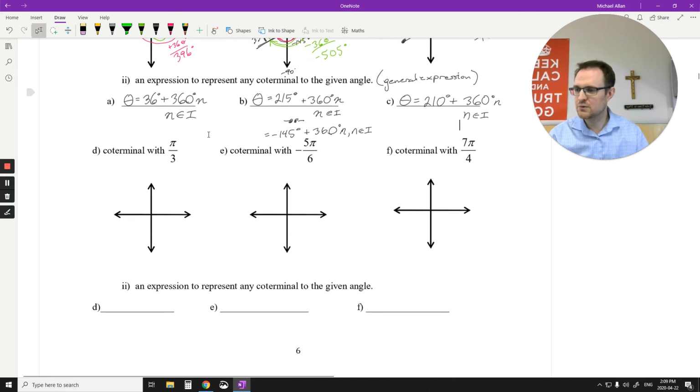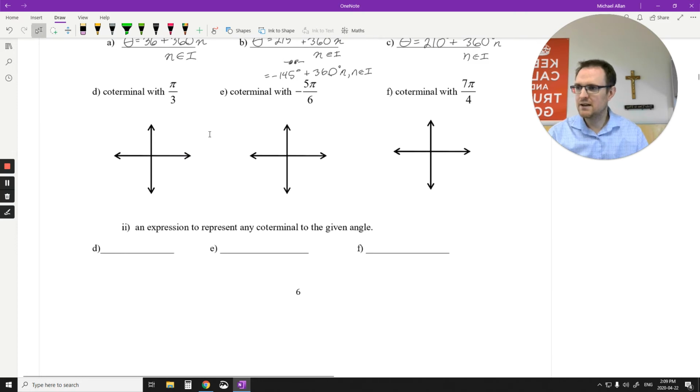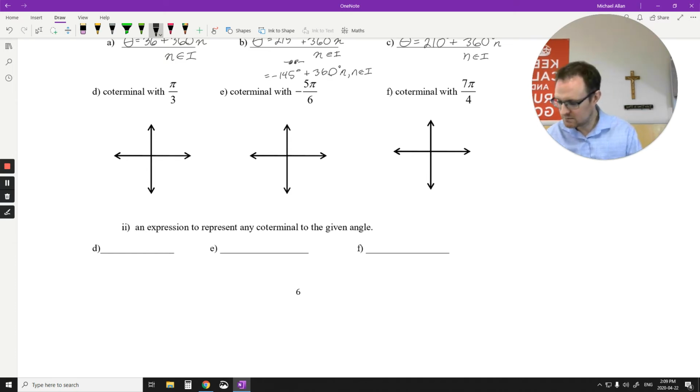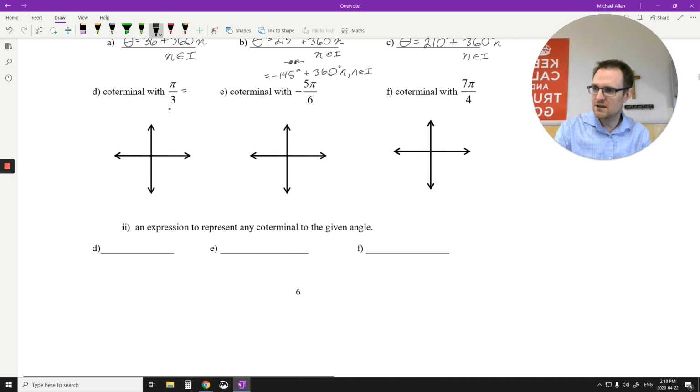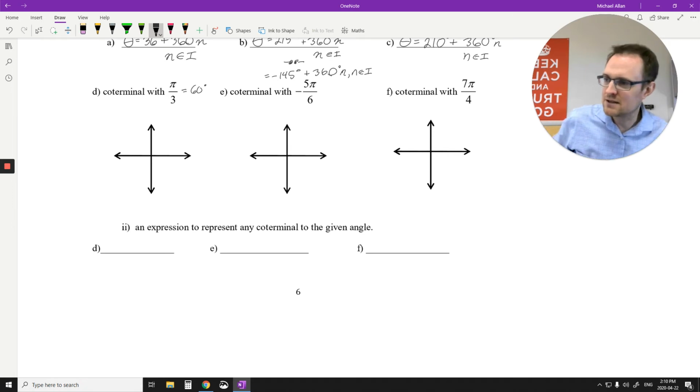Okay, so when we're finding coterminal angles with radians, it's sometimes nice to change these into degrees to find out exactly where they are. I'm not going to write the degrees down because we're given radians. So I'm just going to change this into degrees. Just 1 second. All right, so if I switch this quickly into degrees, this is 60 degrees. Remember, you could just switch the pi to 180, 180 divided by 3, 60 degrees.